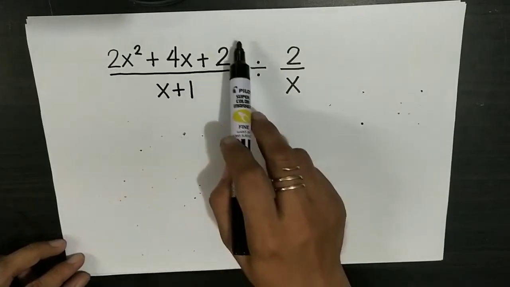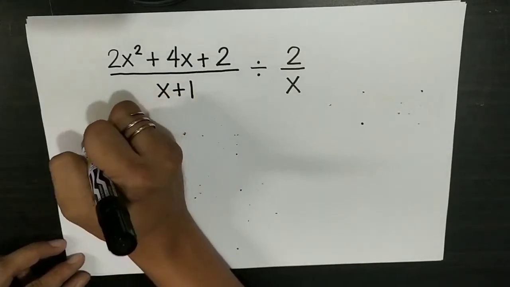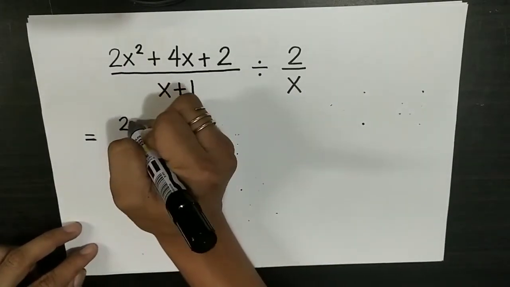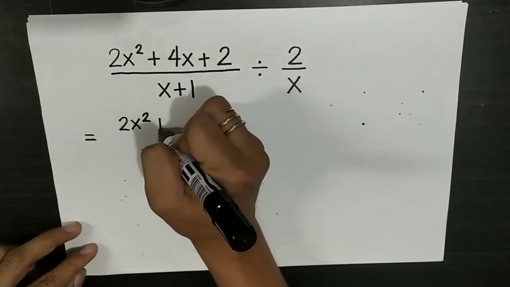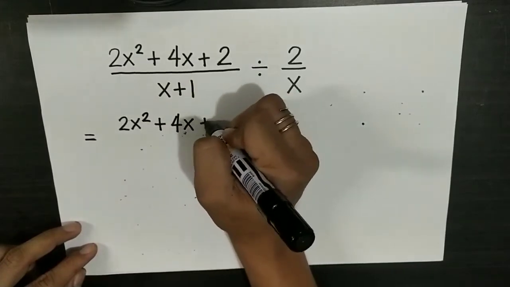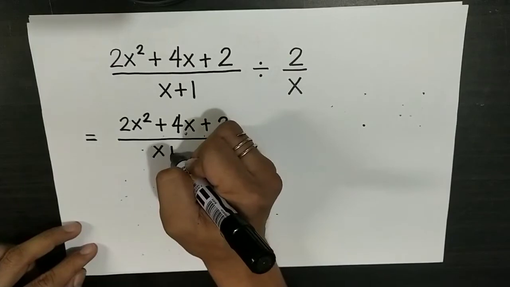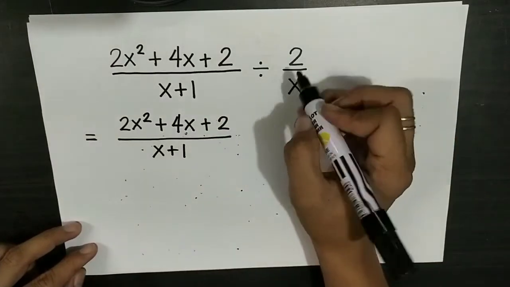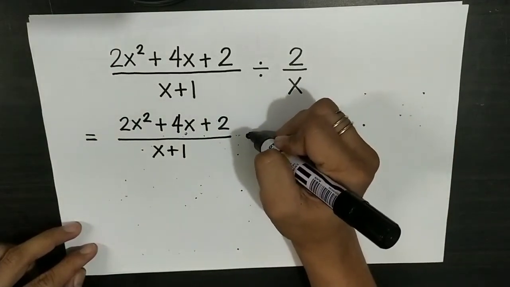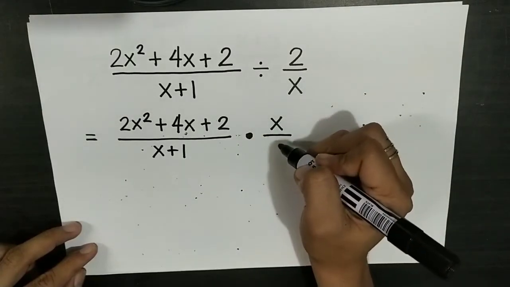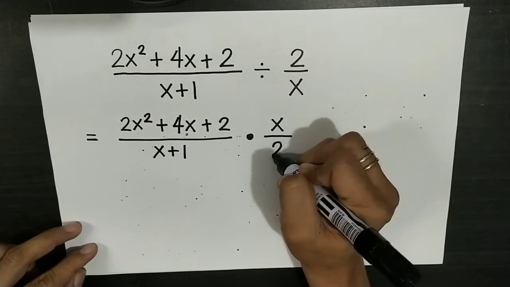So we will factor this out. But before that, again, let's copy this first before factoring the expressions once we proceed to multiplication process. So this is x over 2.